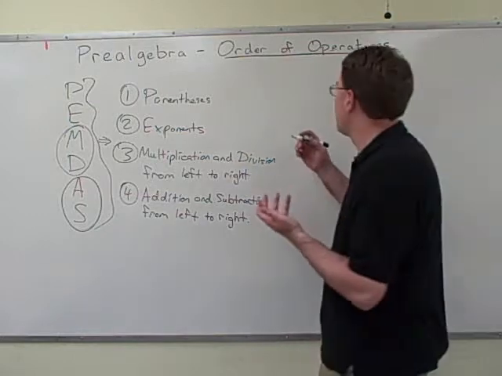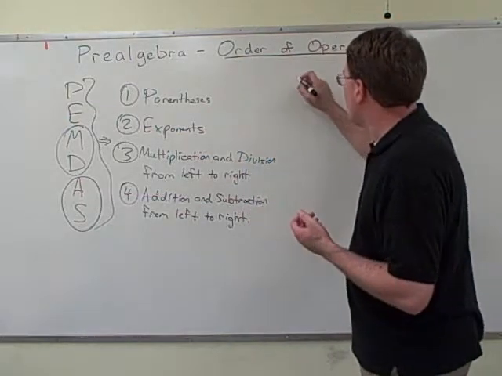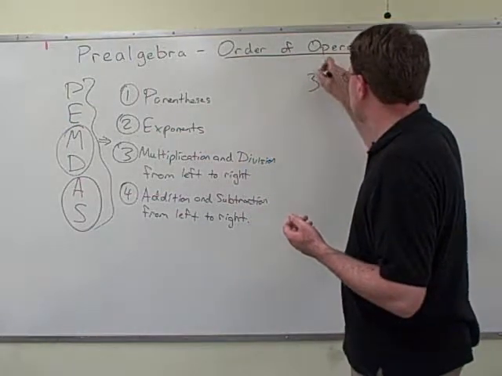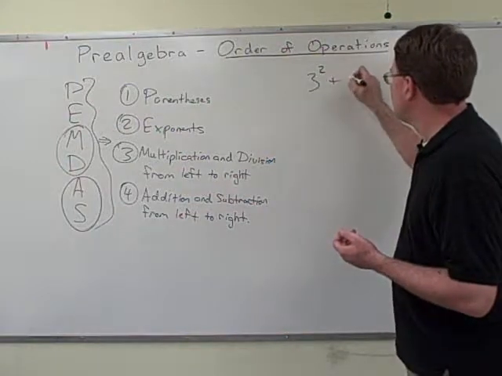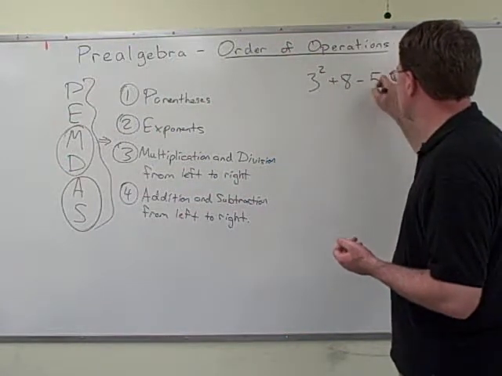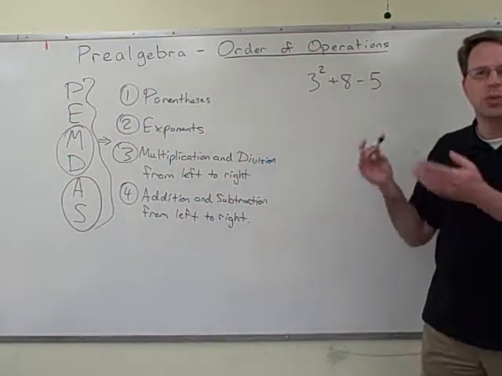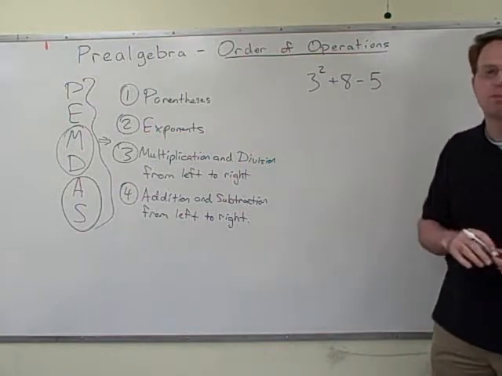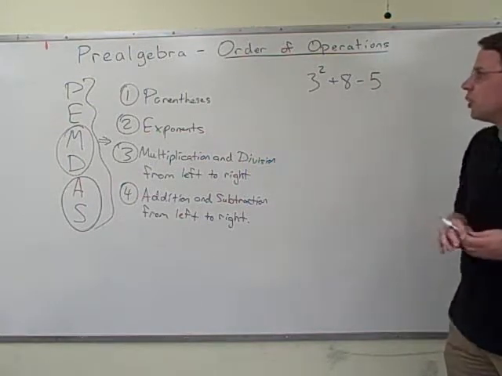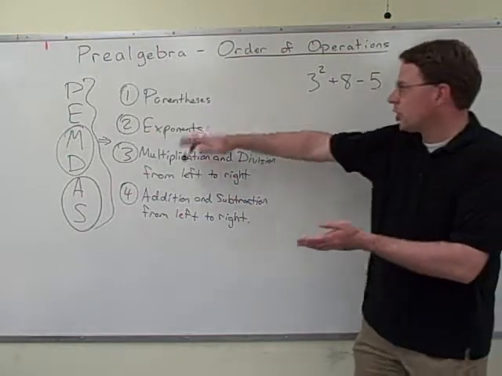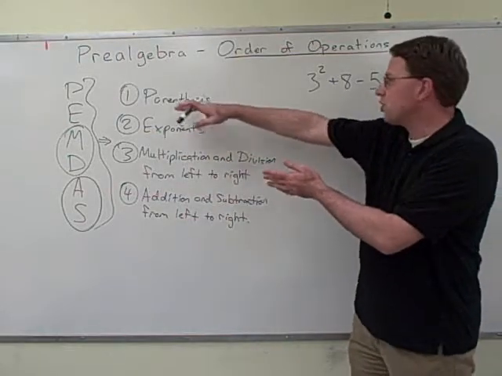The first example I wanted to do was 3 squared plus 8 minus 5. Let's say we want to simplify this expression. What do we do first? Well, we look at our order of operations. What comes first? Parentheses.